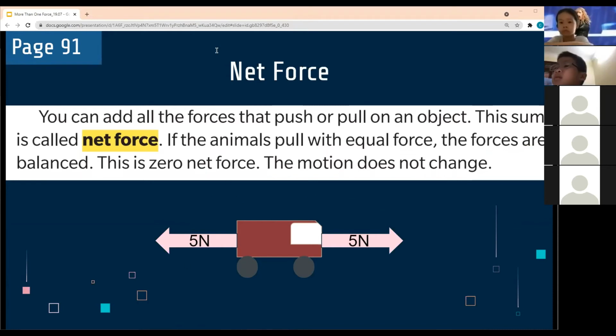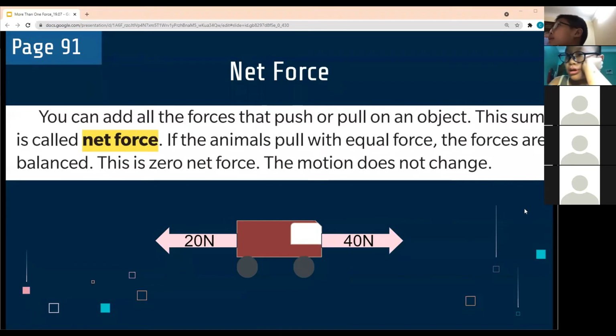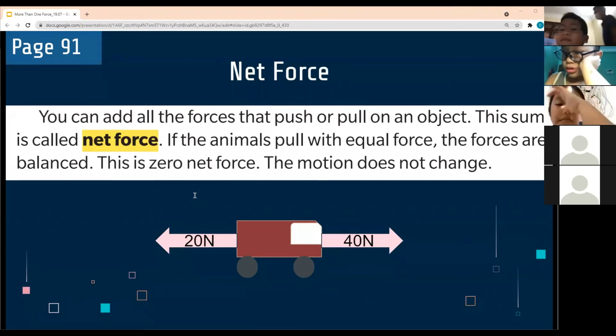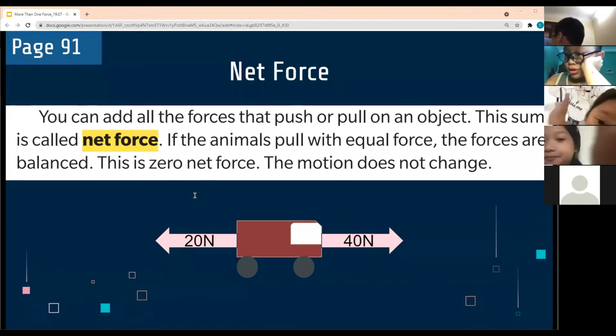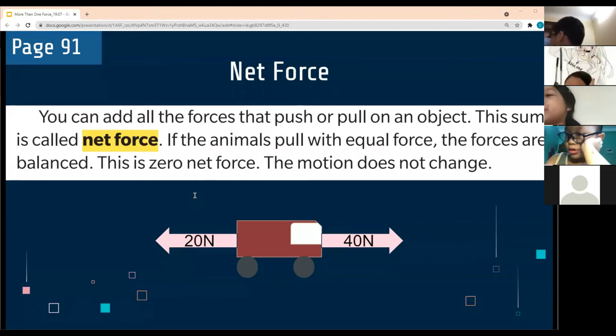And this might be a little confusing, so let's look at another example. Okay, Taylor, what do you think our net force is? It is 20. It's 20, and is it going to the left or the right? It's going to the right. Exactly.